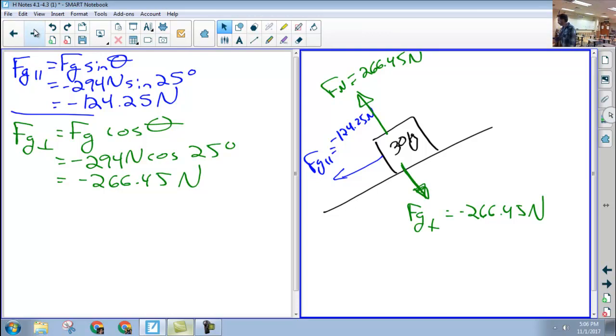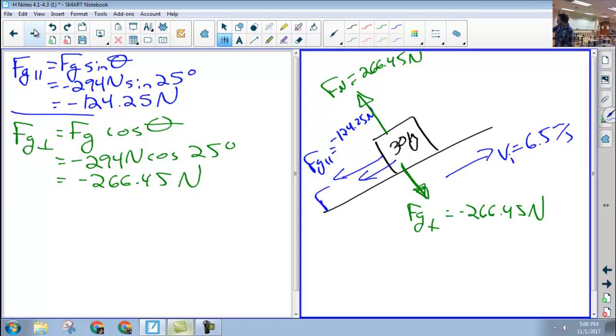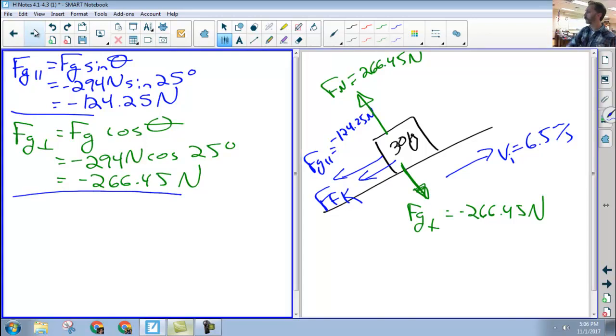Well, it's sliding, so there's going to be kinetic friction, right? And notice, since the velocity is up the hill, my friction is going to be down the hill. Somewhere off to the side, I have to calculate my force of friction. My force of kinetic friction is my coefficient of kinetic friction times my normal force.